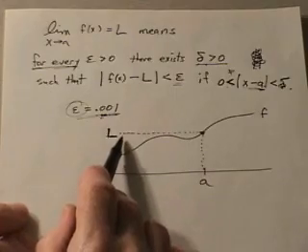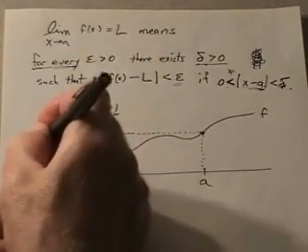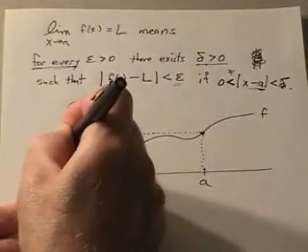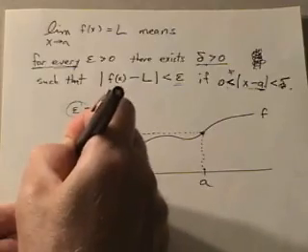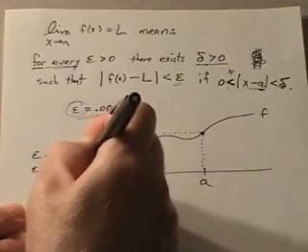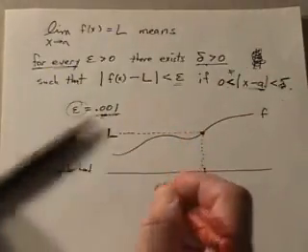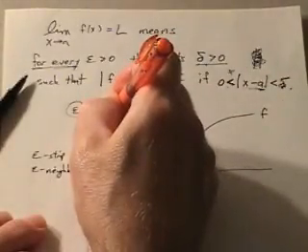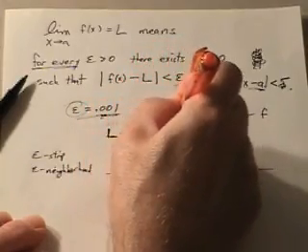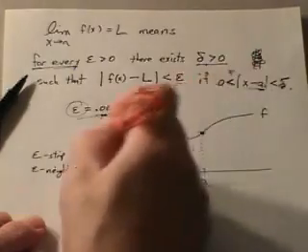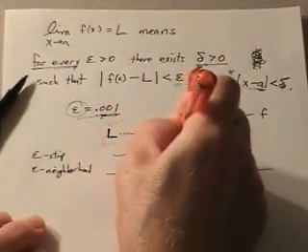Now to show this, I'm going to draw a little strip that's around L. We call it the epsilon strip or the epsilon neighborhood. And all I'm going to do is add and subtract epsilon to L. So I'm going to go to L plus epsilon and sort of draw a dotted line like this horizontally all the way across, and L minus epsilon and draw that down here this way.